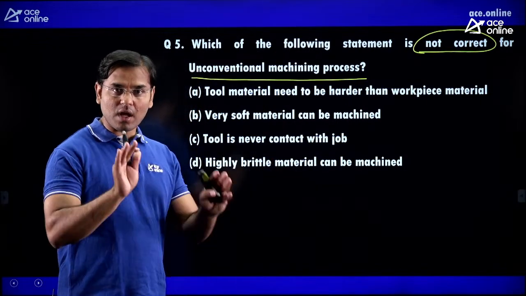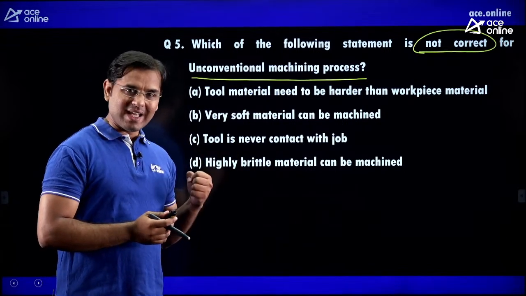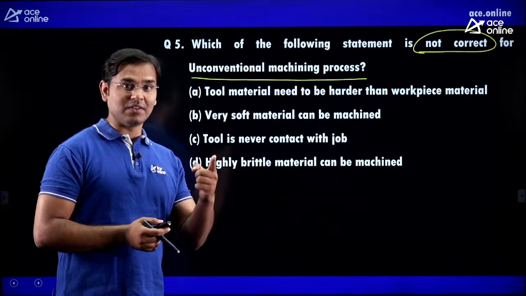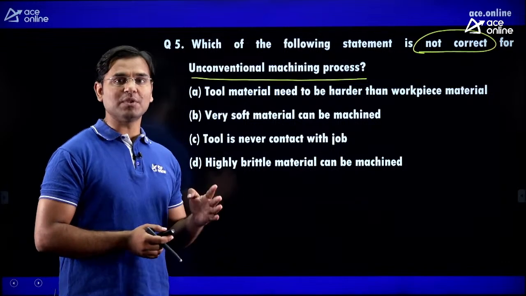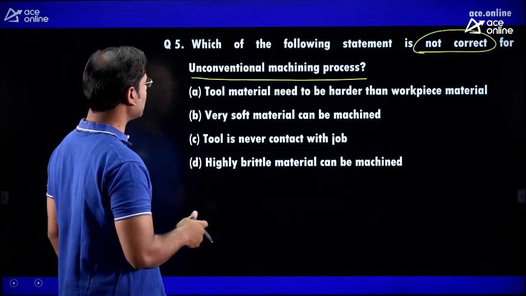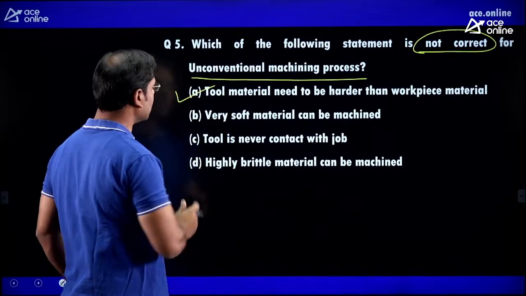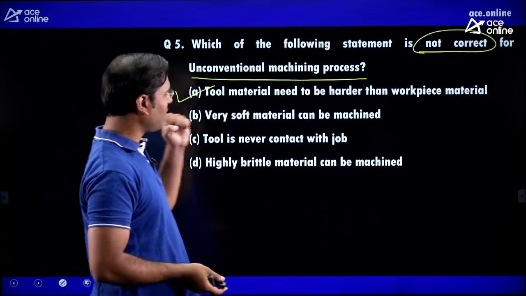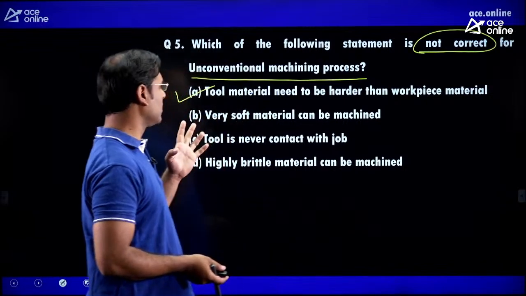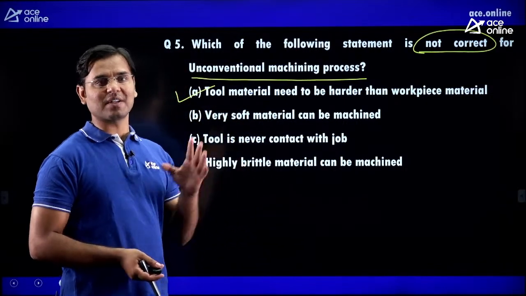No, it is not required in non-traditional machining methods. But if we are working on a lathe machine, then it is required. If you are working on a CNC machine, then it is required. But in non-traditional machining, it is not required. Hence, this first statement is not correct, and in that question they asked which of the following statements is not correct for the unconventional machining process. The first statement is not correct.